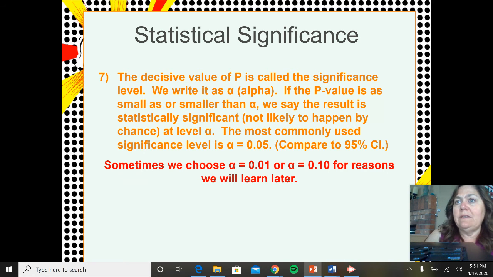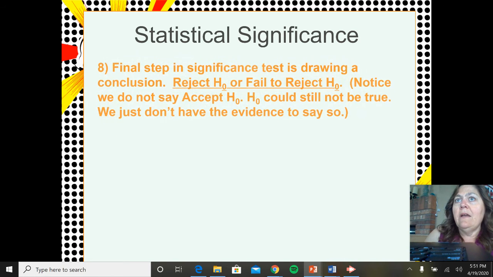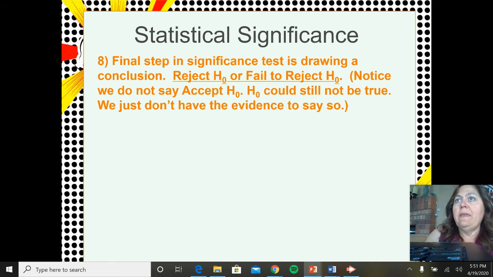There's different reasons. So the final step in significance testing is to draw your conclusion. Your conclusion is you either reject H0 or you have to say this: we fail to reject H0. Earlier I said accept H0, but I was talking about HA. Accepting HA is okay.